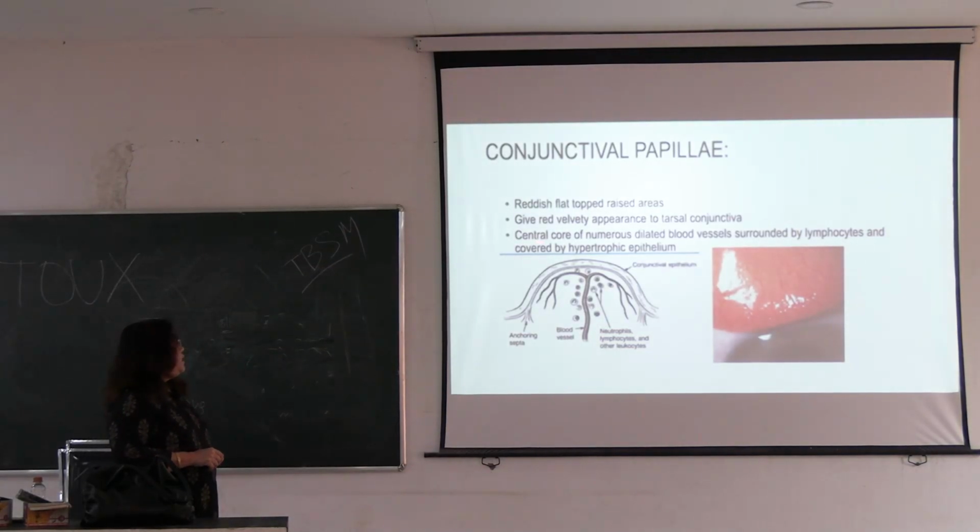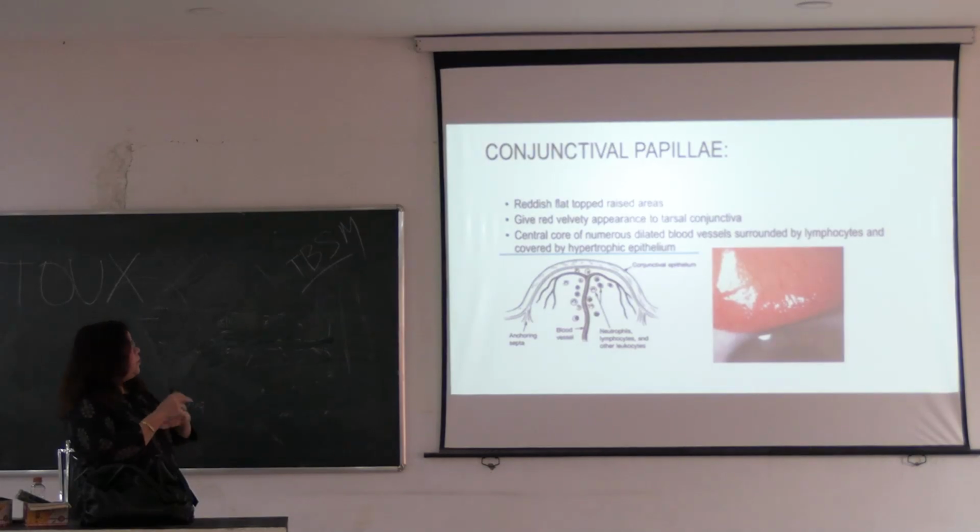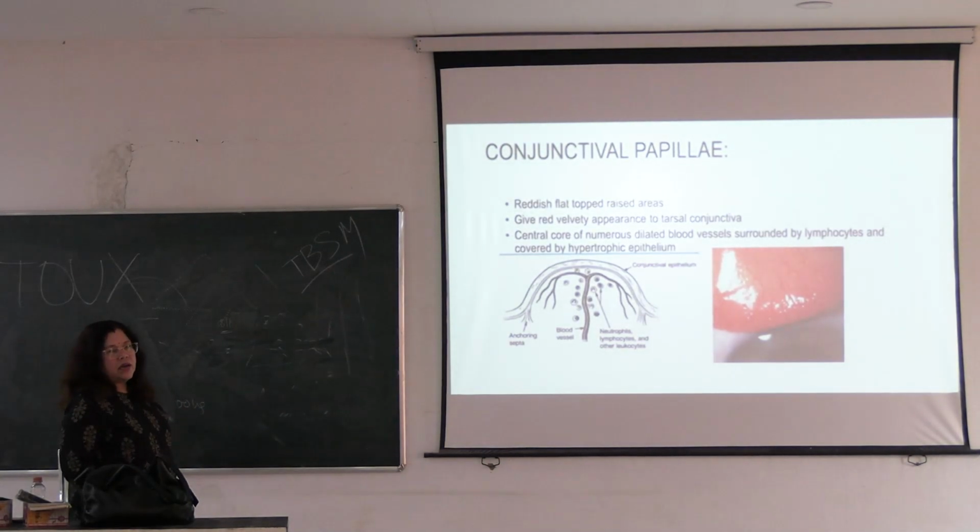In the central core, there are numerous dilated blood vessels surrounded by lymphocytes, covered by the hypertrophic epithelium, that is called conjunctival papillae. These are the papillae. They are also present in the upper palpebral conjunctiva.